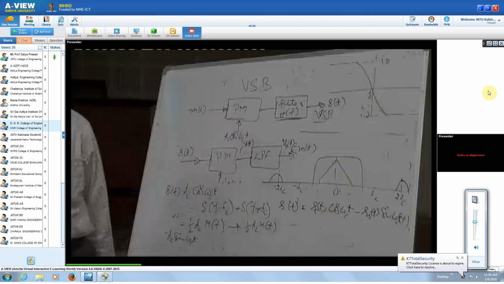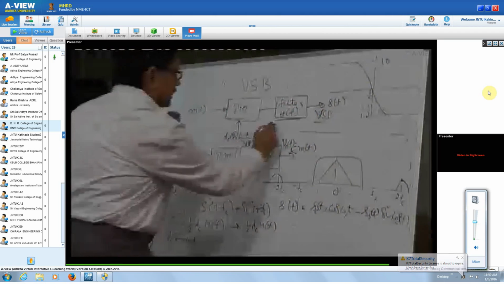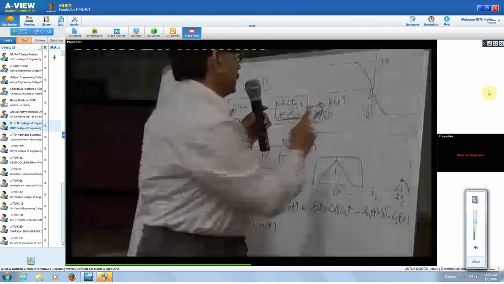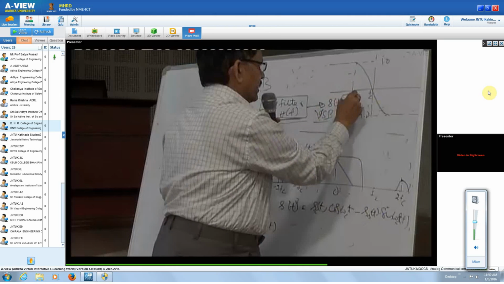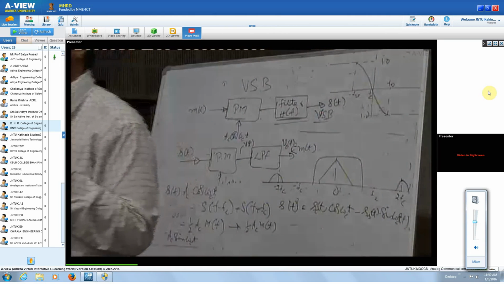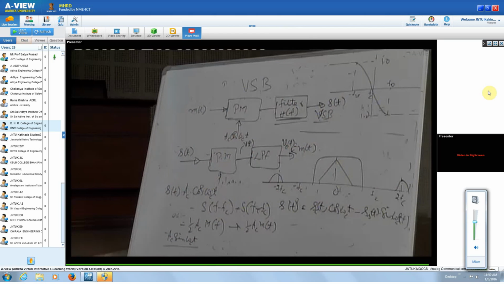Or multiplying this with this one and considering this h of f, we are going to get the characteristics like this. This is your minus fc and this is plus fc. Where you want the vestige part, how much fc you want, you have to design.